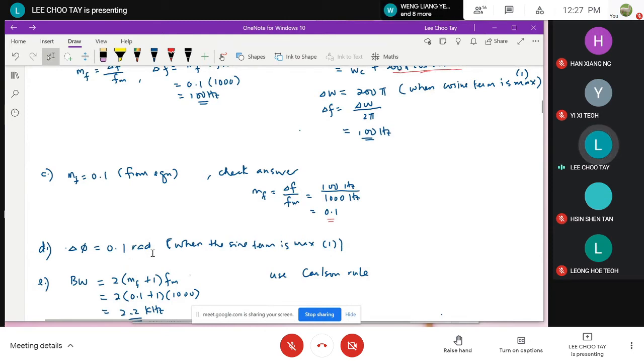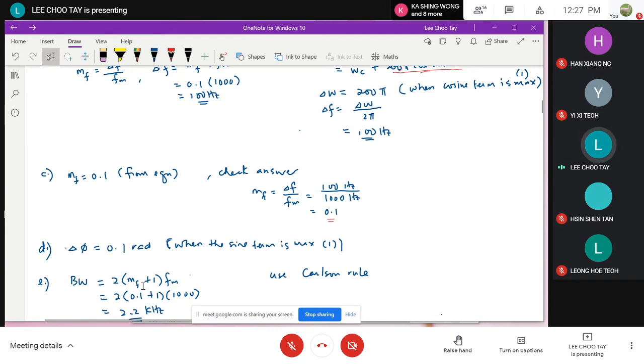And then the last part is asking you to estimate the bandwidth. This question never says how to estimate it, so you can make use of Coulson's rule, which is 2 times MF plus 1, multiplied by FM.